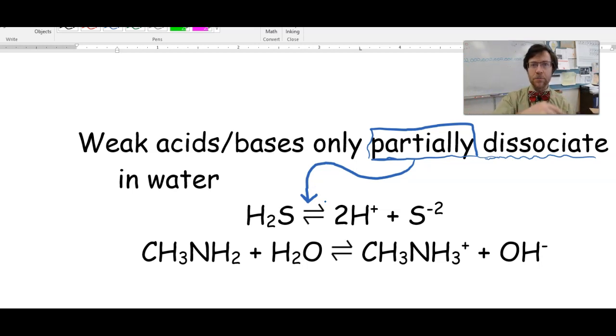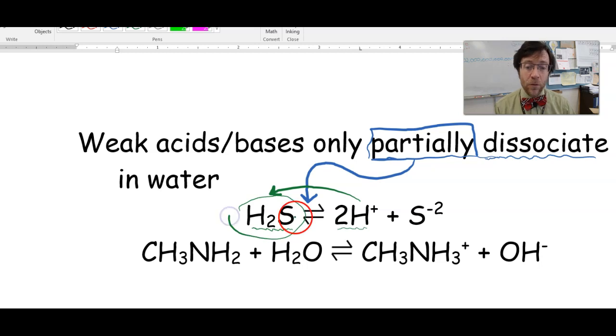Then it breaks apart again, but it gets itself put back together. It's a reversible reaction. So what happens is that this wonderful dihydrogen sulfide, when it's dissolved in water, will create two hydrogen ions. However, it will go backwards, and it'll go back to the reactant.